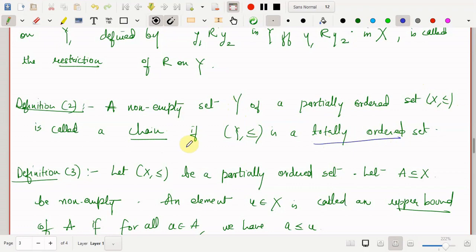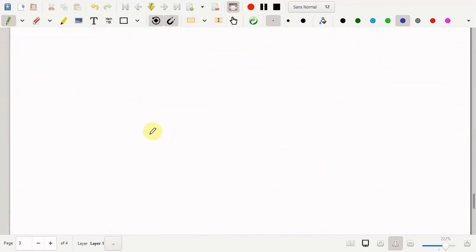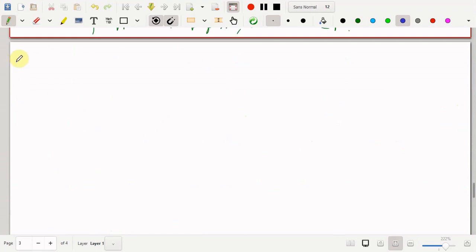Okay, so a quick example over here. Suppose I have a set with the divisibility relation.